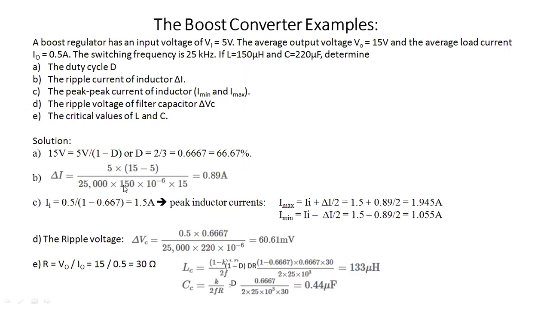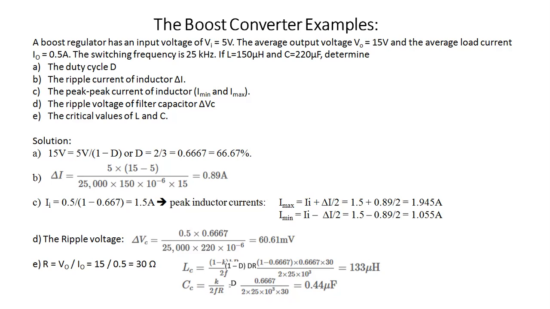So here again you are supposed to find the value for the peak to peak current of the inductor, meaning I max and I minimum, like we just solved in the buck converter. I max is I input plus delta I upon 2, and I minimum will be input current minus delta I by 2.